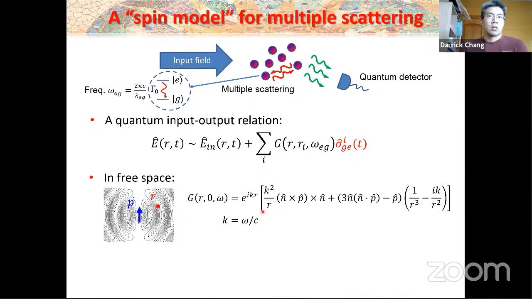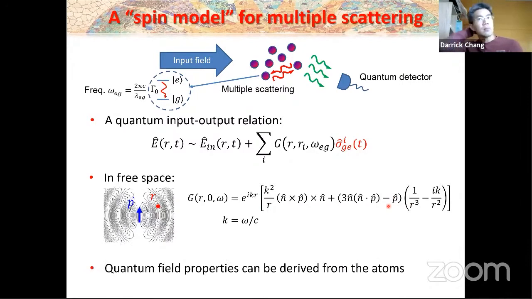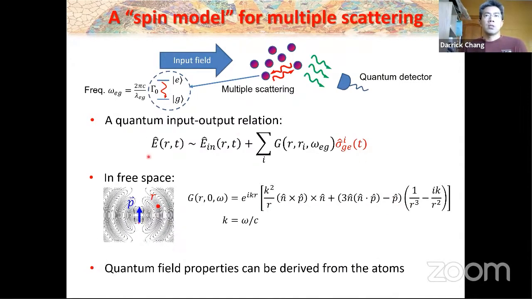It, in particular, has the well-known far-field lobe pattern, but also 1 over r cubed electrostatic near fields. So the main point to take away is that this equation says that I can formally derive all the correlation functions of my total field if I know the properties of the field that I send in, and if I can calculate the correlations of my atoms.